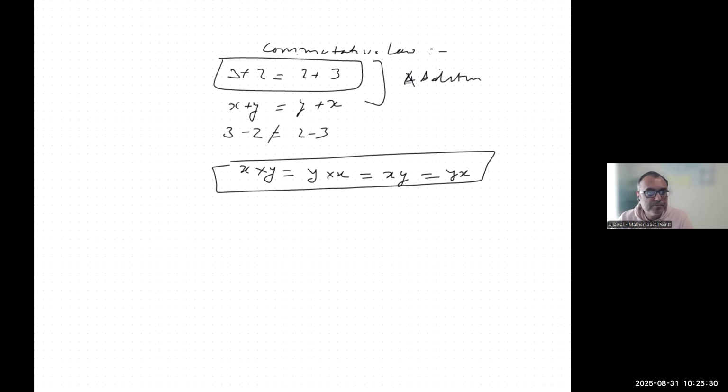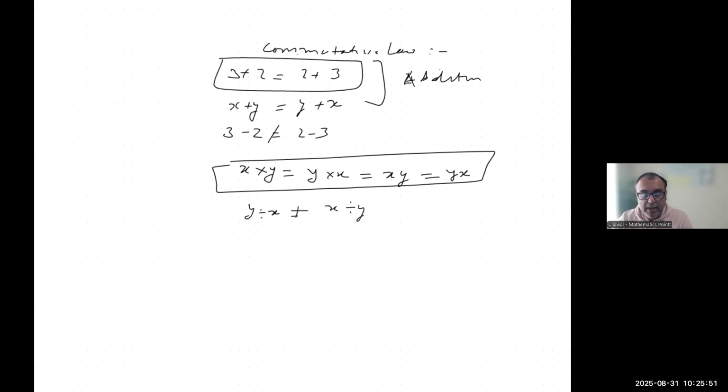And it does not work for division. So y divided by x is not equal to x divided by y.